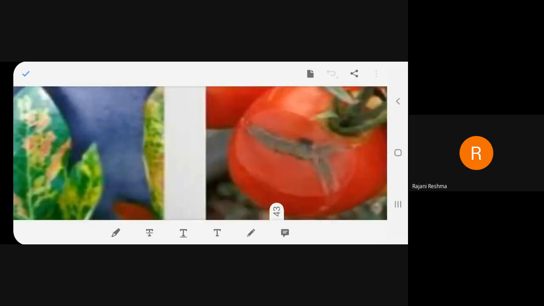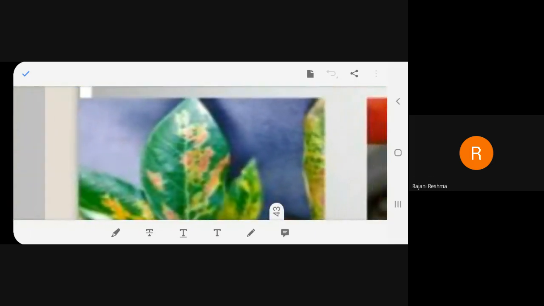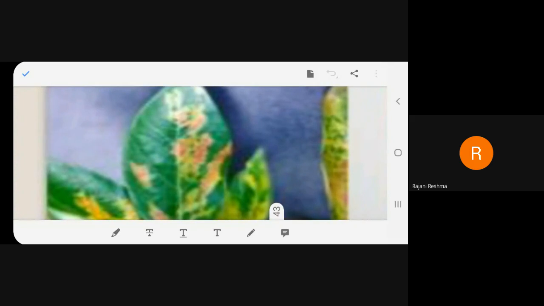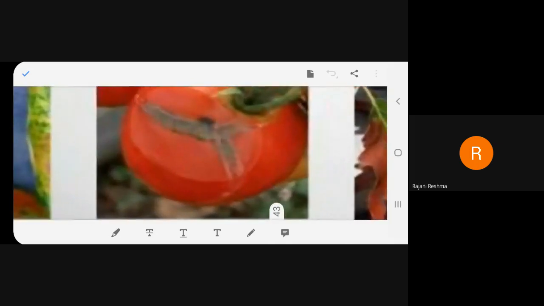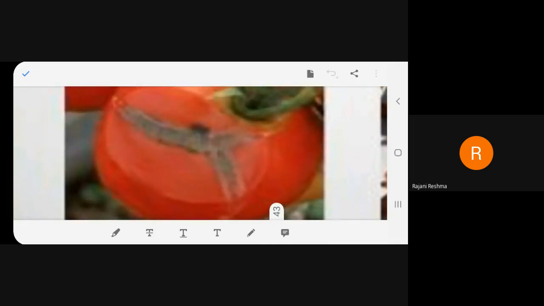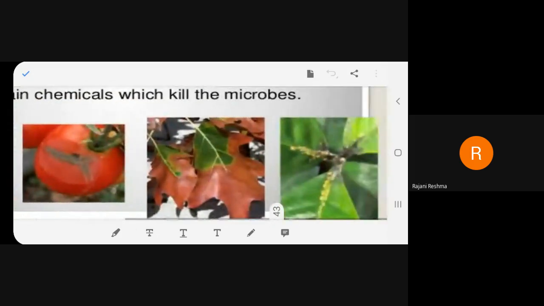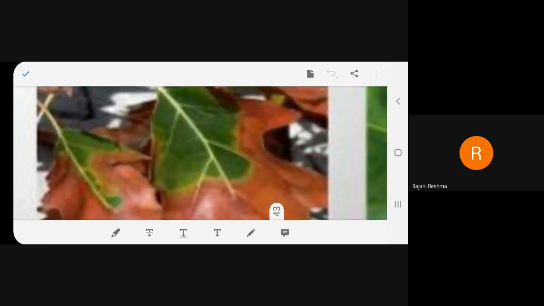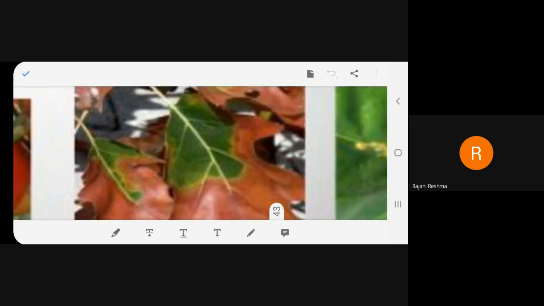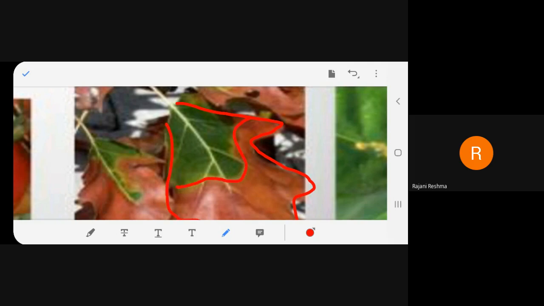Look over here. Can you see this? This is what happens due to microbes. Next is this one, tomato. Can you see this? This is what happens due to microorganisms. This is the leaf. Can you see this? This much portion is gone.